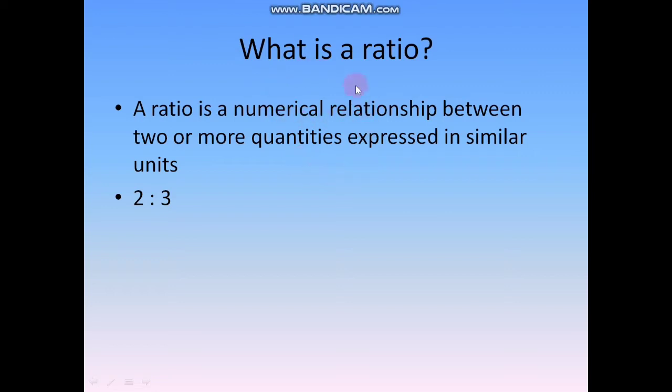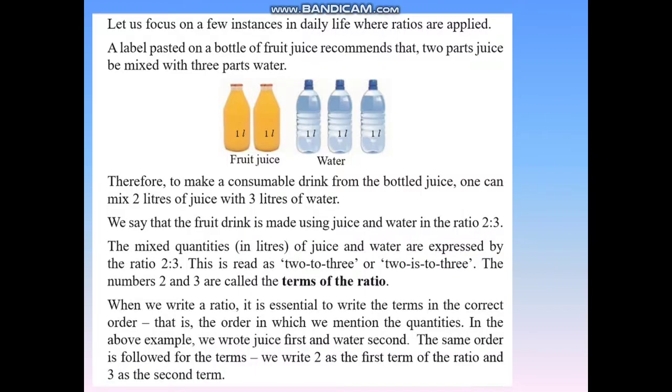Earlier also we have discussed numerical relationships, that is equations. For it to be a ratio, there should be two or more quantities. That means there should be a minimum of two quantities, and of course, these should be in the same units. Let us further look into this with an example.